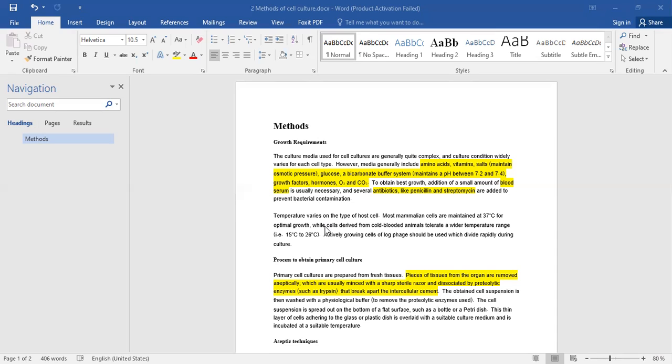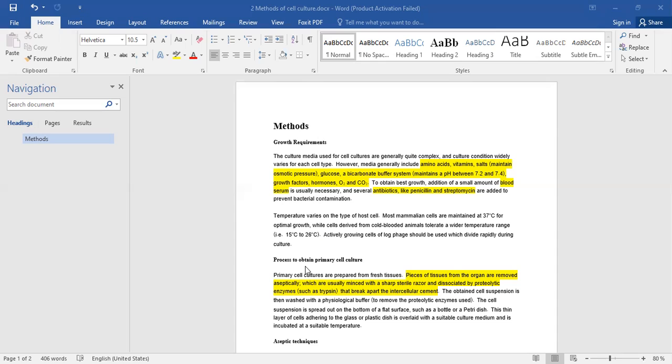We can also provide a lower temperature, from 15 to 26 degrees centigrade. So this is the basic growth requirement.